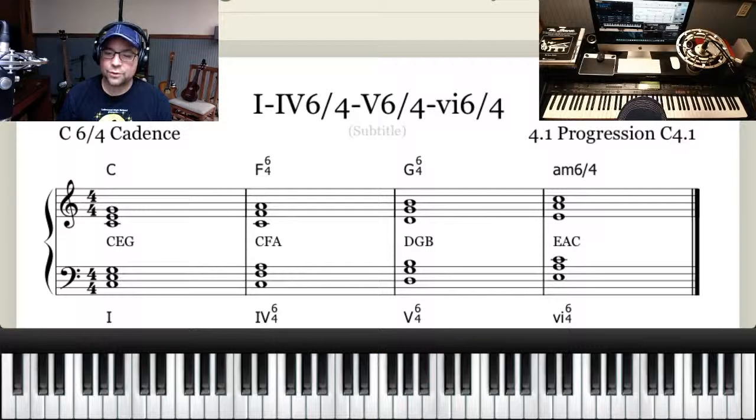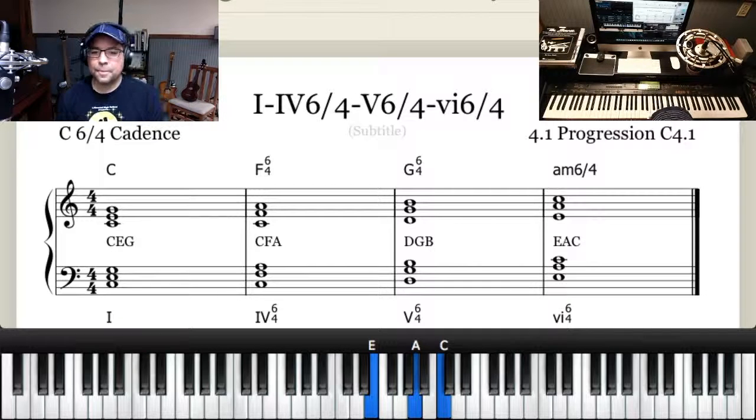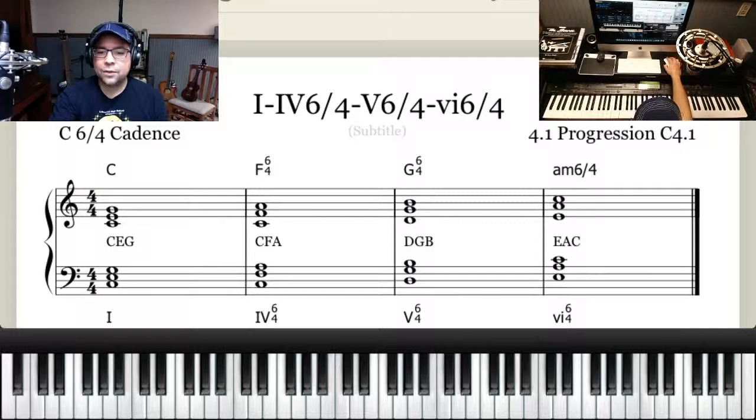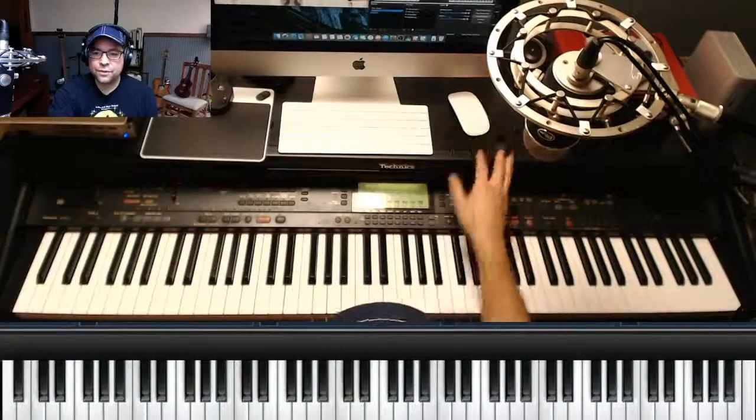All right, let's play those chords one more time. C chord, an F chord in second inversion, or 6/4, a G chord in second inversion, or 6/4, and an A minor chord in second inversion. All right, let's go ahead and look at our screen where you can see my fingers so we can talk a little bit more about the inversions.